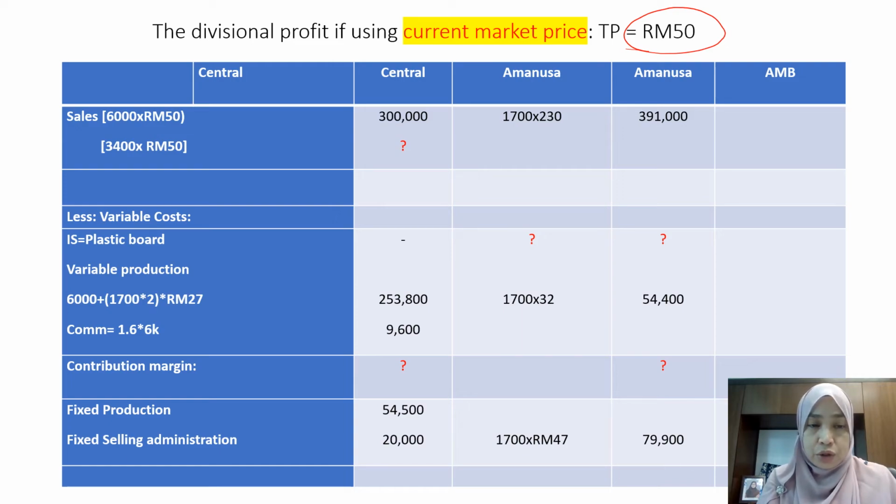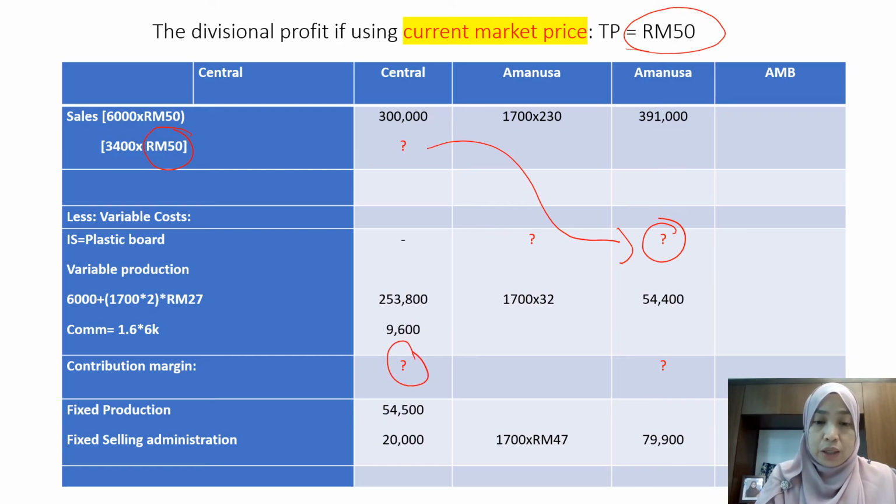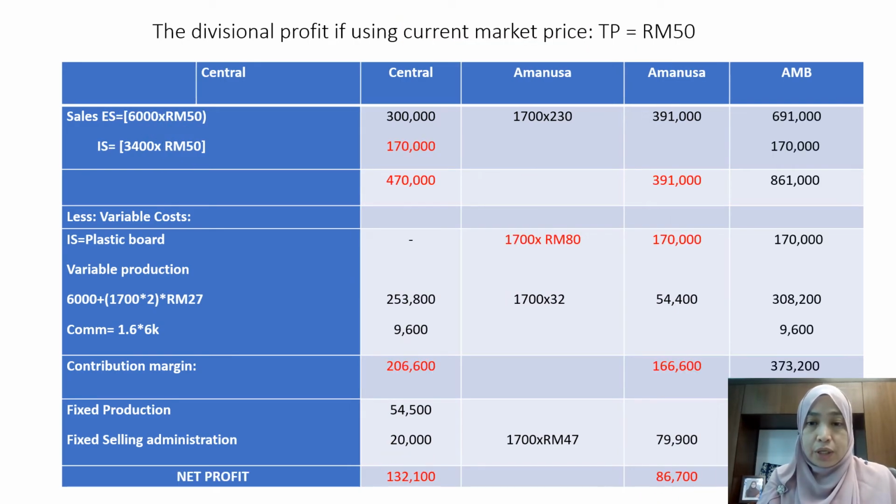When you change your transfer price, your internal sales need to change, and then the value you bring down also changes. Then you need to calculate again your contribution margin as well as profit. Look at the one in red color. So we change the value.